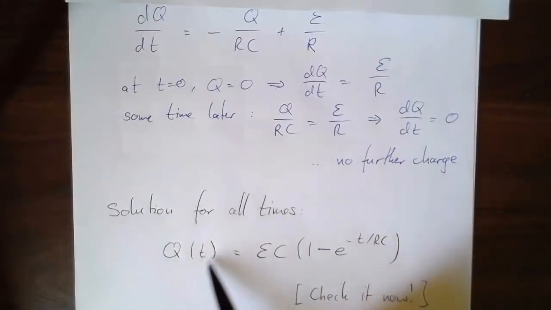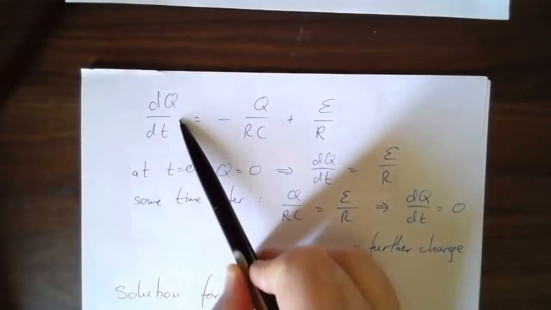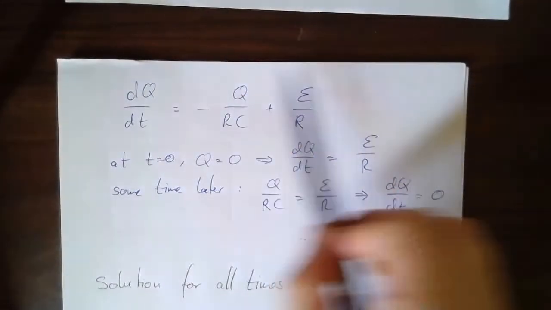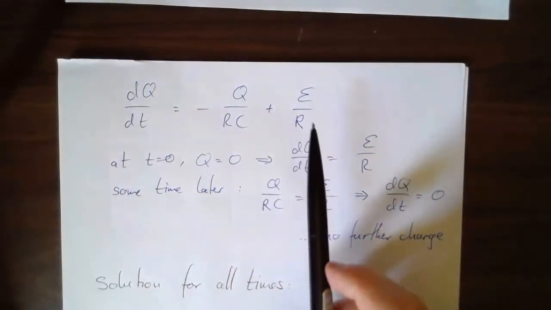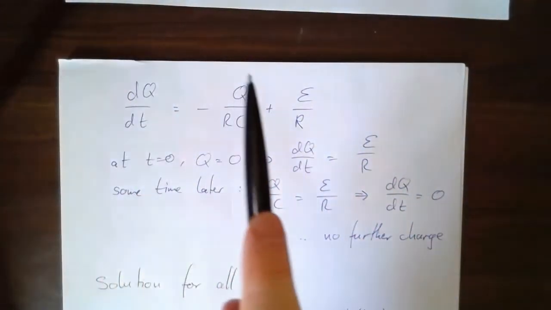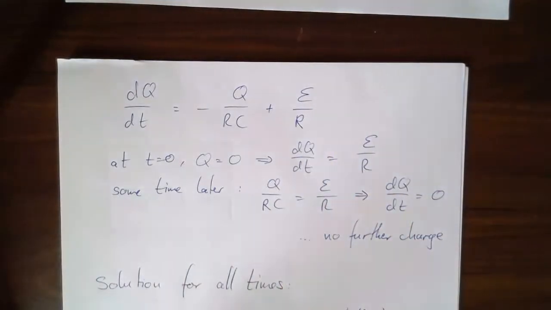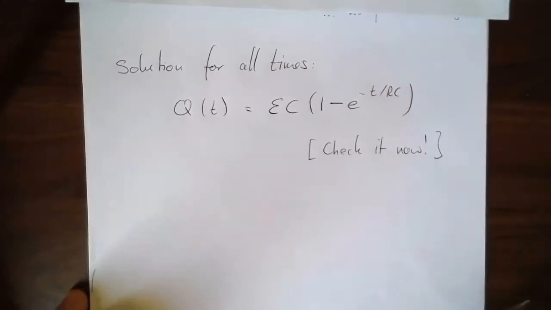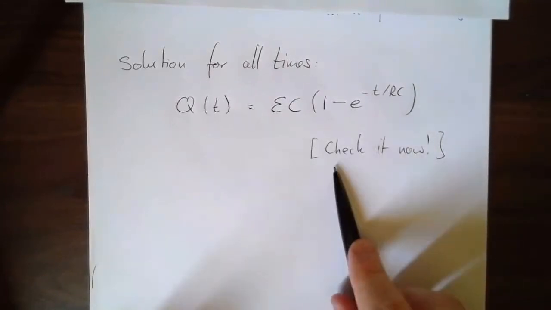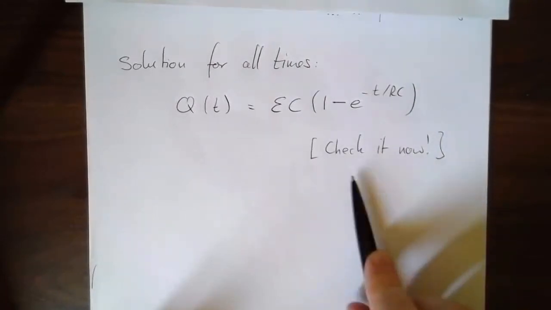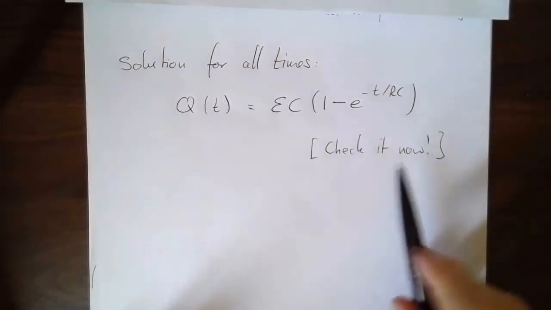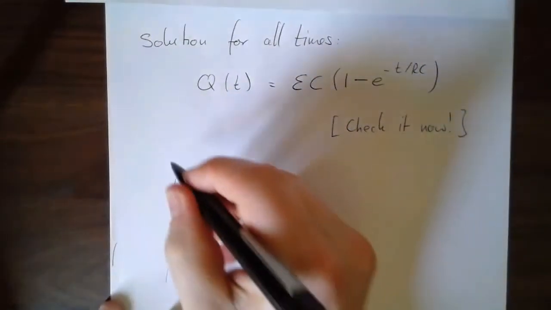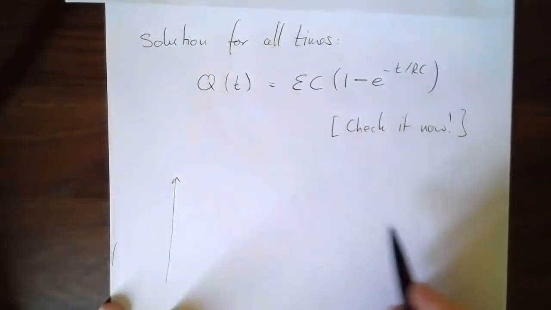Differentiate the left-hand side, plug the function itself into the right-hand side, simplify, and hopefully you find that the left-hand side is equal to the right-hand side, and all the time dependence cancels out. I emphasize, actually do this. You develop understanding by working with this stuff. If you can't solve differential equations, you can check solutions.